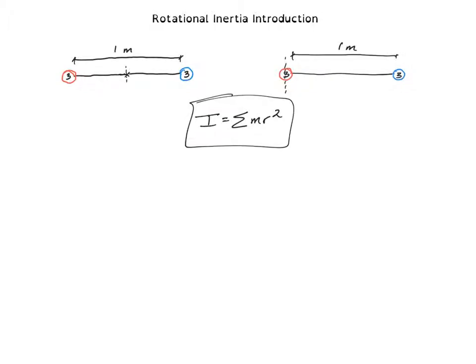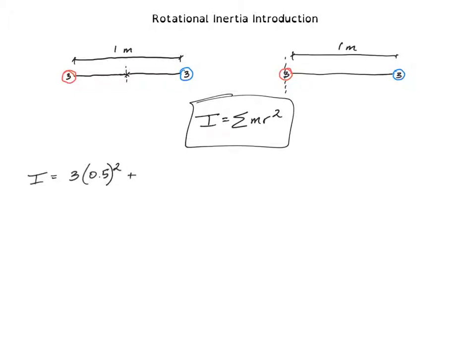So for this first example, my rotational inertia, again, I have two objects to consider here, and each has a mass of 3. I'll start out with the red mass. The mass is 3 kilograms times the radius that it is away from that axis of rotation, so I'm going to end up with 3 times 0.5 squared.